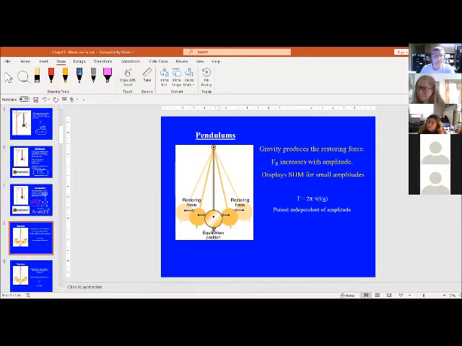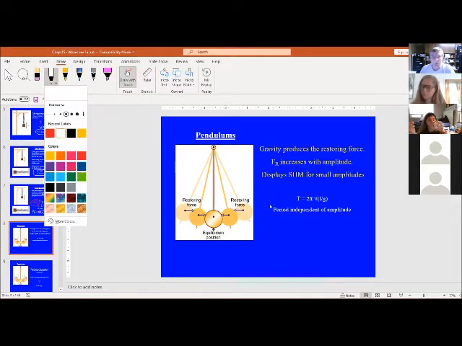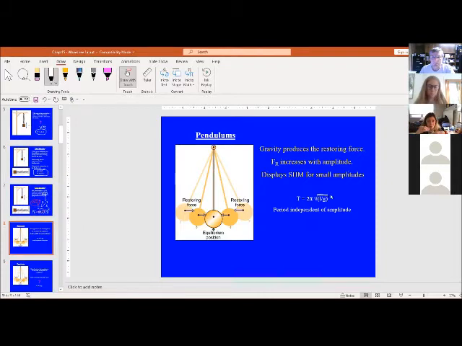Pendulum going back and forth, another one we've seen. So we just have another formula here. Once again, the L over g. See how they're in parentheses? That means the whole thing is under the radical. So its period is equal to 2 pi times the square root of L over g.